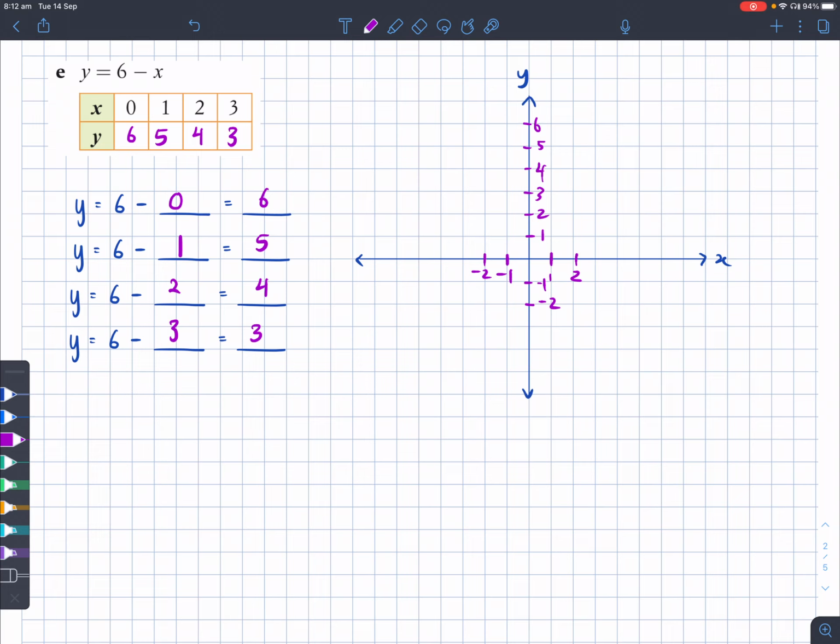So 0, 6 will be up here. So 0 left or right, but 6 upwards. 1, 5 means 1 to the right, 5 up. Whereas 2, 4, okay, to the right, 4 up is here. And 3, 3 will be there.